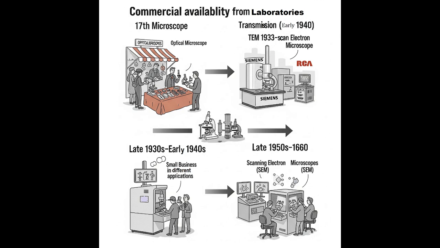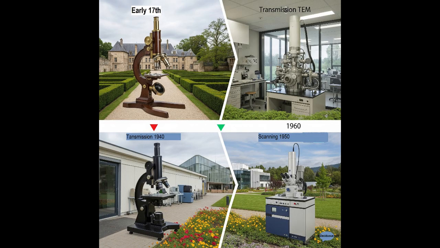The SEM, whose basic ideas were explored earlier, took longer to become a robust commercial product, really taking off in the late 1950s and 1960s. This was a huge step, bringing these powerful tools out of specialized labs into broader scientific use.